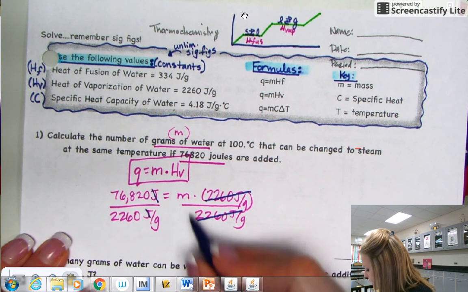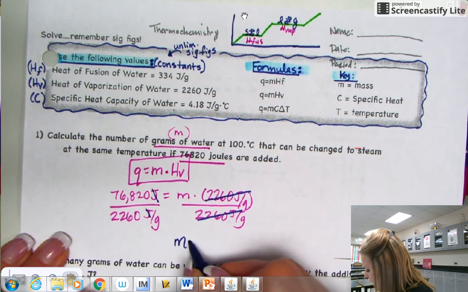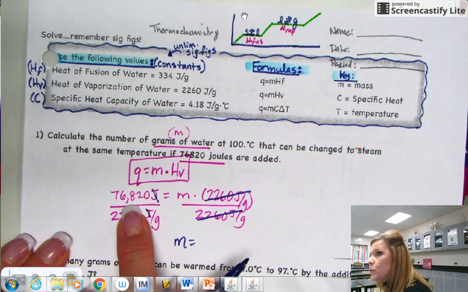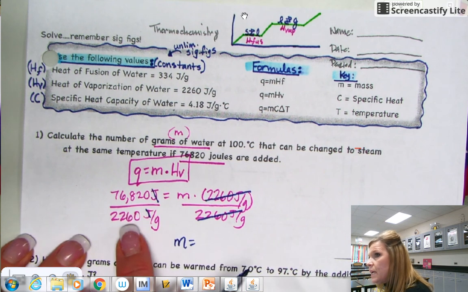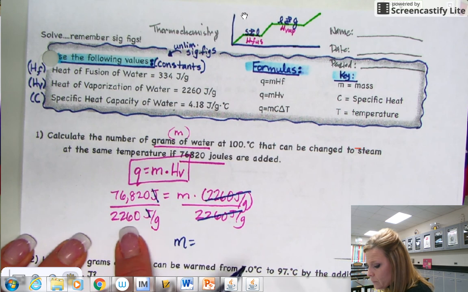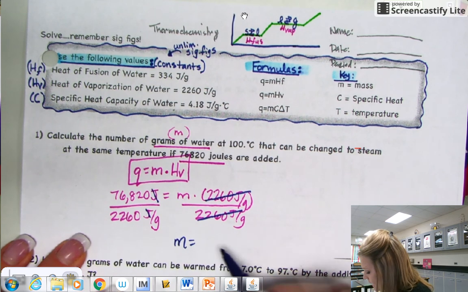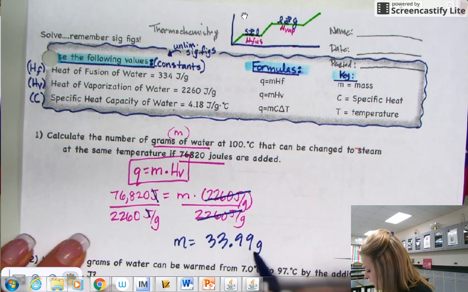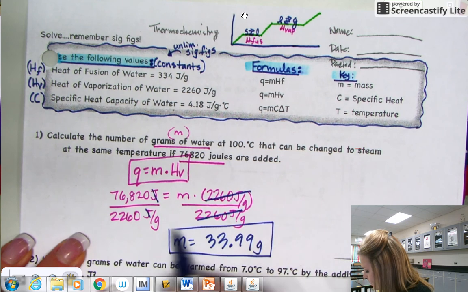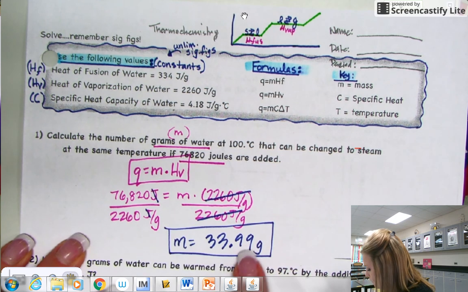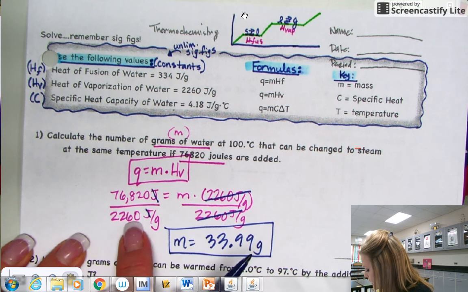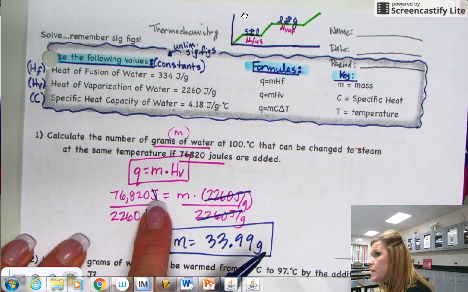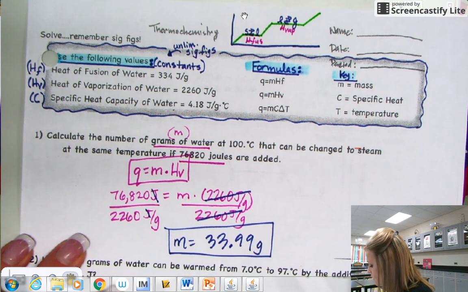And so that isolates our M. So the mass is going to be equal to 76,820 divided by 2,260. And so that's going to leave us with an answer of 33.99 grams for the mass. We need four significant figures here because our constant has unlimited sig figs and our given has 4 sig figs. Because there's no decimal in this number, that 0 doesn't count.